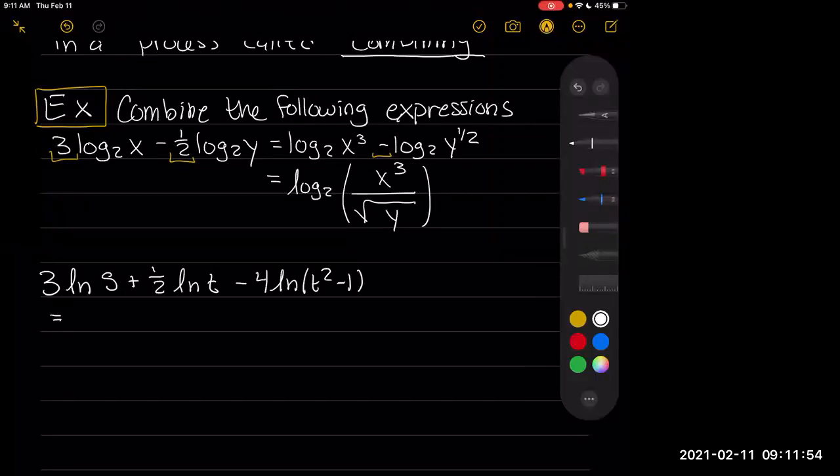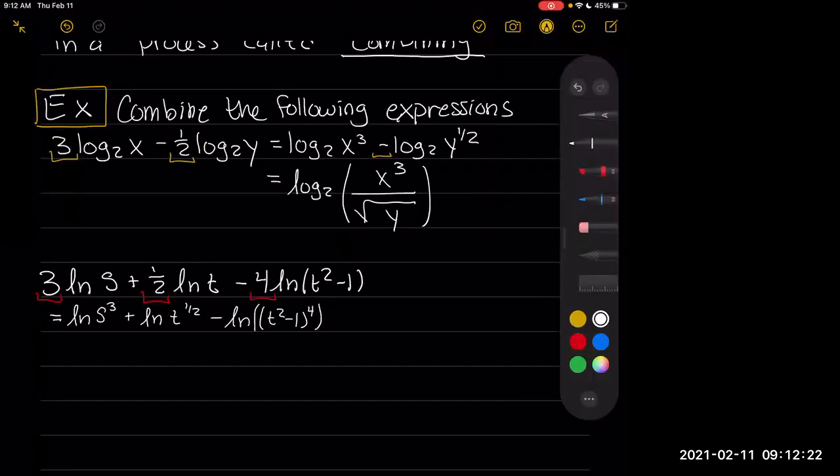The first thing we're going to do is bring these constants back in as exponents. So we will end up with the natural log of s cubed plus the natural log of t to the 1/2 minus the natural log of t squared minus 1 all raised to the 4th.